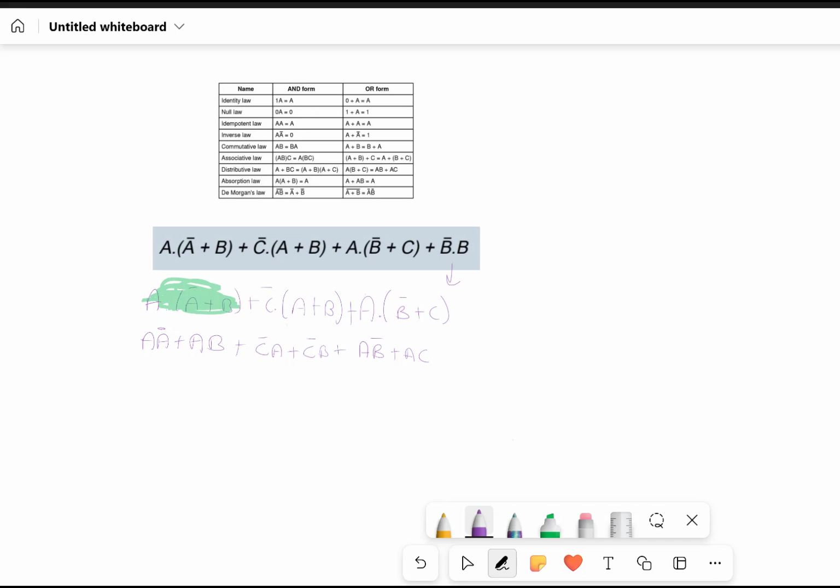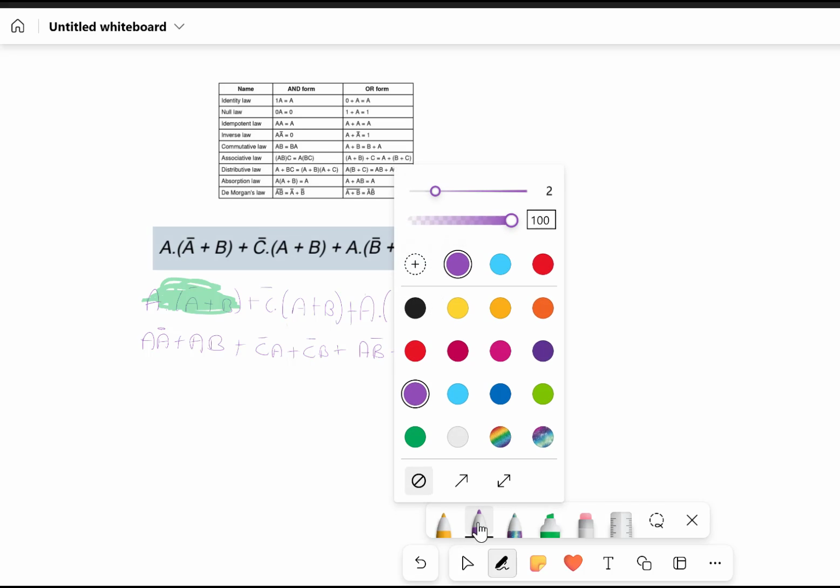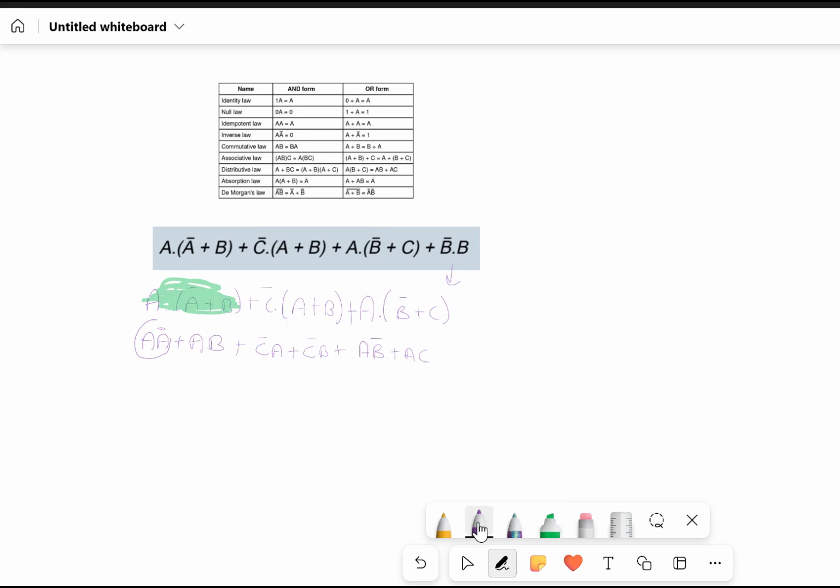What can we do next? Well, let's look at this. A not A is 0. So we can have AB or CA or CB or AB or AC.